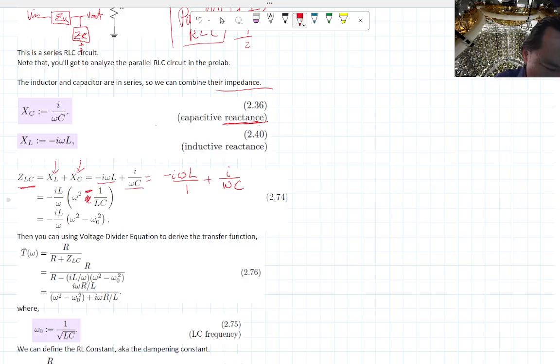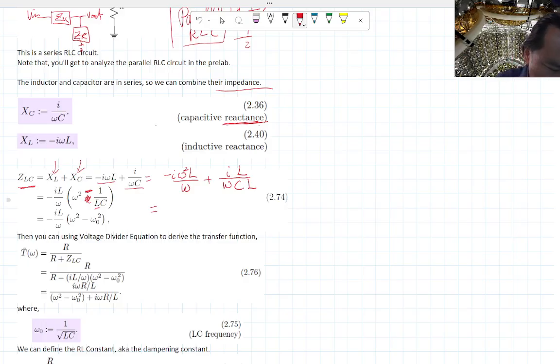The first term has the L but does not have an omega on the numerator, so I'm going to multiply the bottom of this first term by omega, and since I multiplied the bottom by omega, I have to multiply the top by omega. Therefore, I'm actually just multiplying by the number 1. Similarly, the second term is missing an L, so I'm going to multiply the top and bottom by L. Therefore, I can pull those out when I factor out.